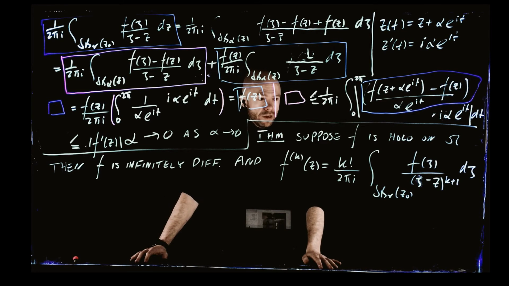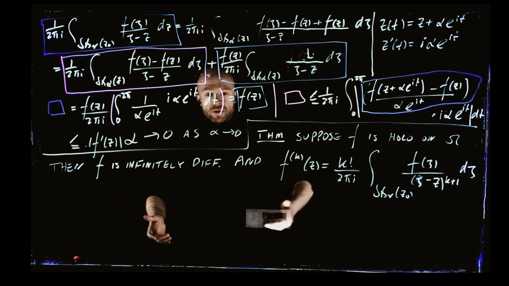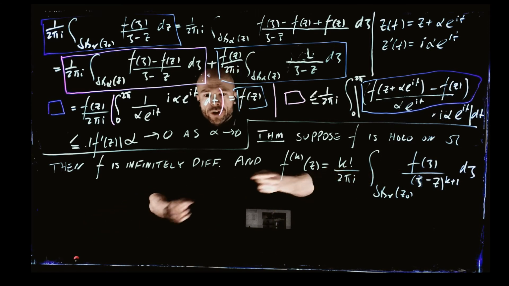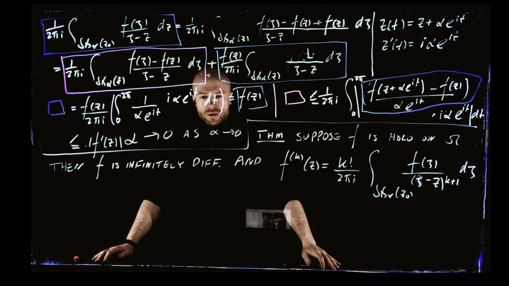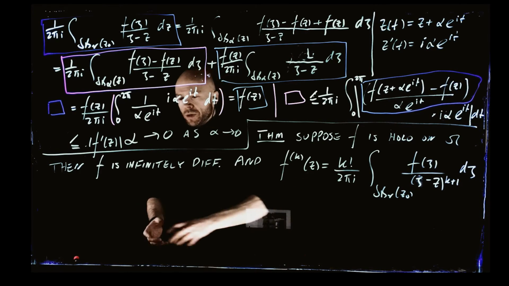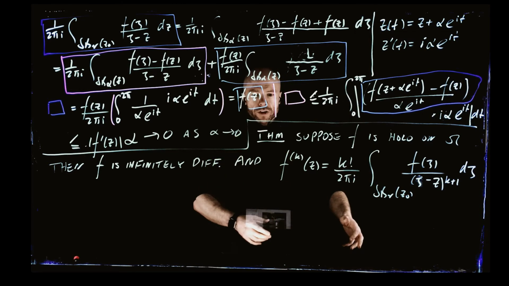This says that there's no such thing as a C^k function in complex analysis. It's a pointless thing to define because C^k is the same as C infinity. If you can differentiate it even one time, you can differentiate it as many times as you like. So as soon as you have differentiability, you're smack in this world of incredibly regular functions.